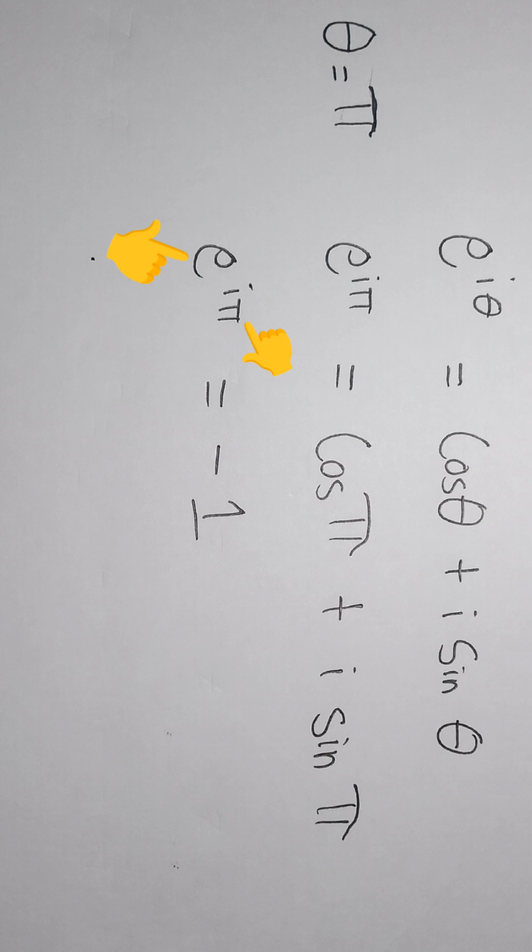So if you look, e and pi are irrational numbers, and i is the imaginary. If you combine all of these, you will get negative 1. But we are not done yet, because we need to put the negative 1 on the left side.